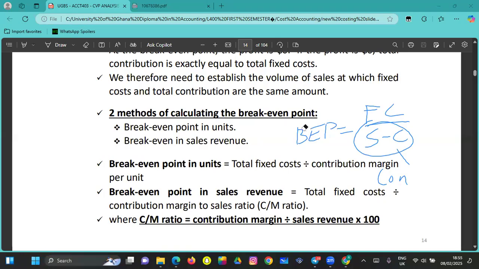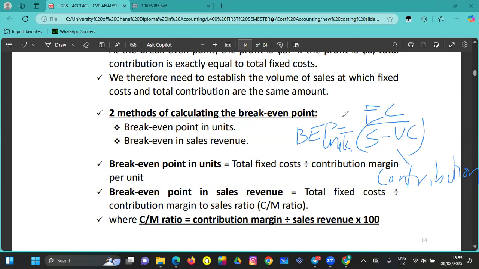But the cost we are talking about here is variable cost. Input variable cost per unit here, and the difference becomes contribution. So basically, the break-even point in units is equal to fixed cost over contribution.